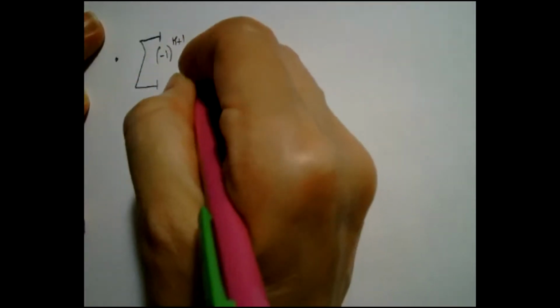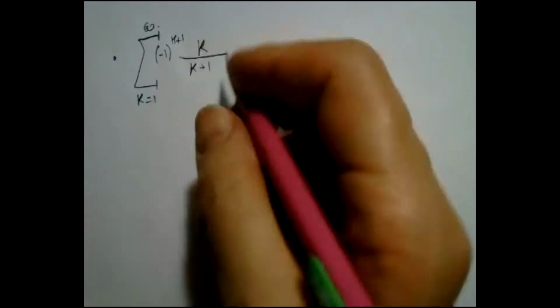So let's take up another example. Let me take sigma, minus 1 to the k plus 1, times k over k plus 1, from 1 to infinity. First, let's see what the a_k are in this problem.